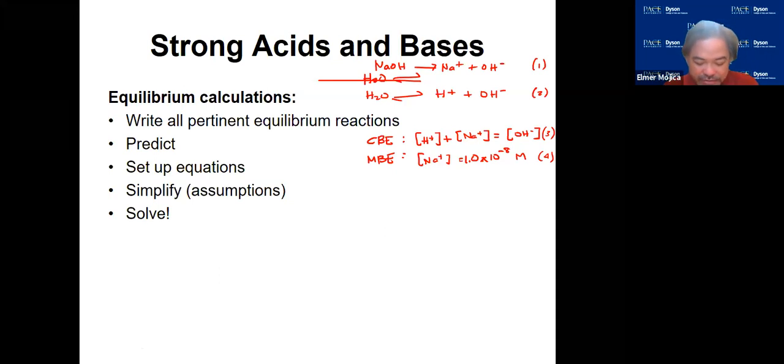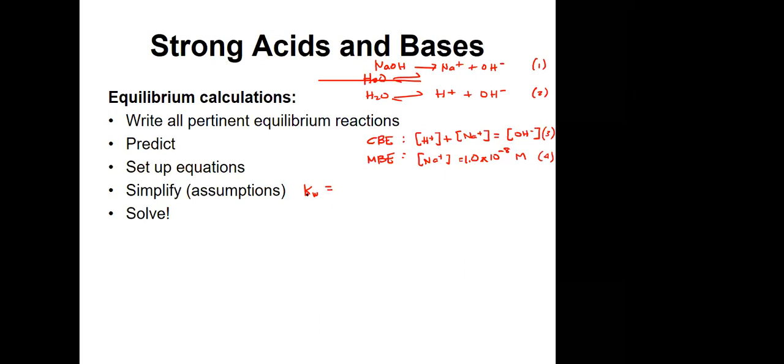So how do we set the equilibrium constant expression here? Anyone? In this reaction here, which one do you know? The equilibrium between the two. Can we say KW? KW is equals to what? 1.0 times 10 to the negative 14.